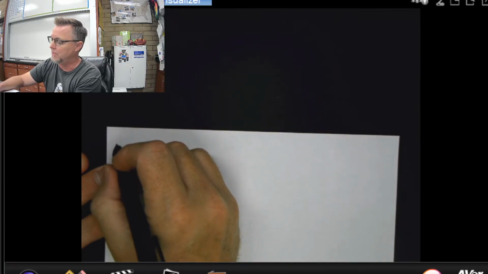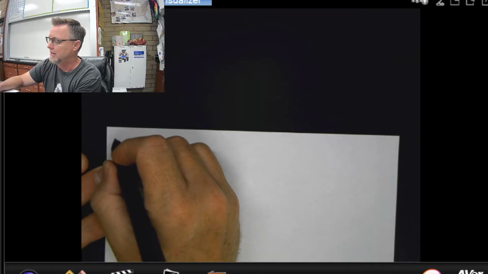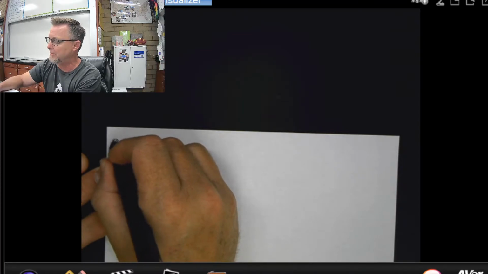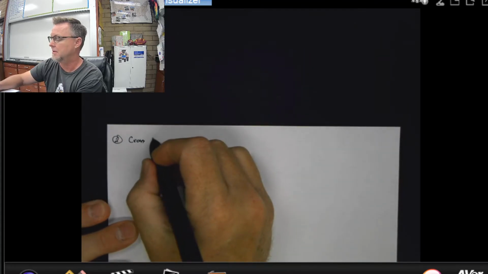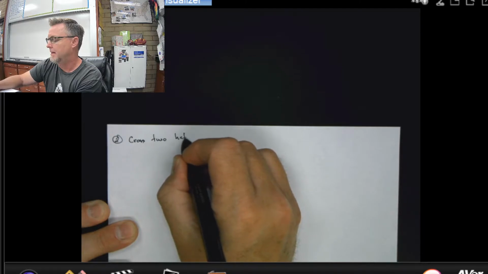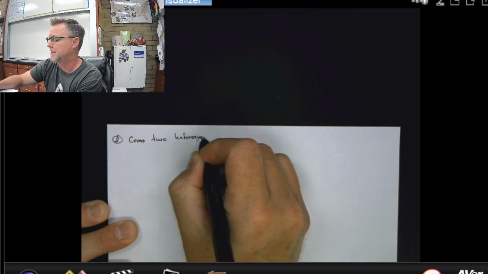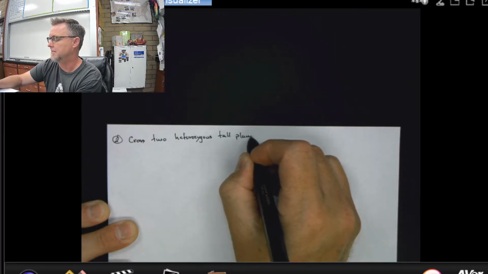So we're going to take what we did on that page and we're going to expand this a little bit. We're going to cross the F1 in that scenario. So for problem number 2, I'm going to cross 2 heterozygous tall plants.